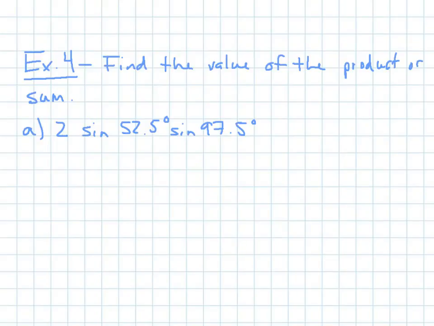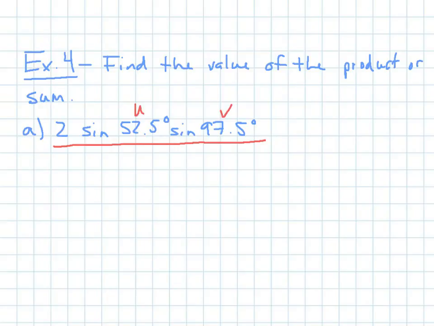So now using those, example 4, we want to find the value of the product or sum. Looking at which one we have, it looks like I have 2 sine of an angle, we can call it x or u, depending on what we're doing, and y. Since it's multiplication we use u and v here.